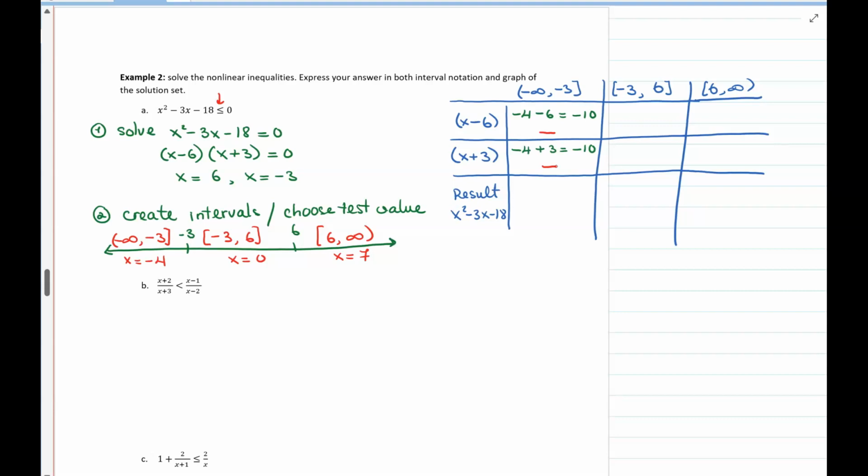So in the interval from negative infinity to negative 3, these two factors, x minus 6 and x plus 3, are both negative. So the result is positive.